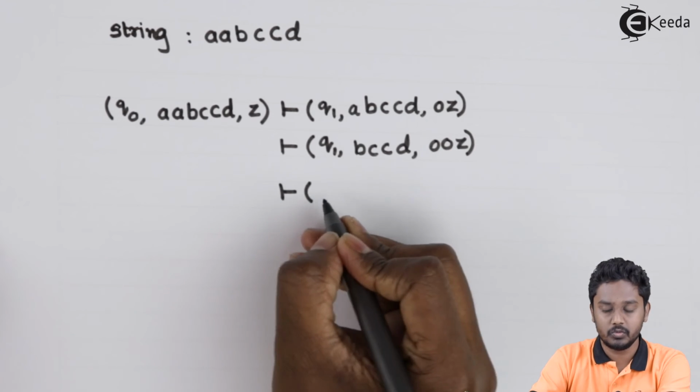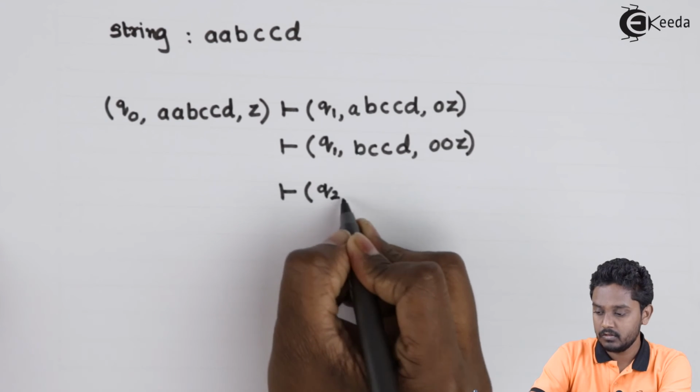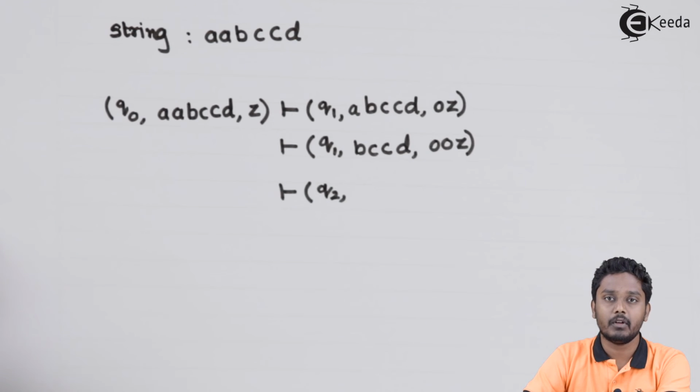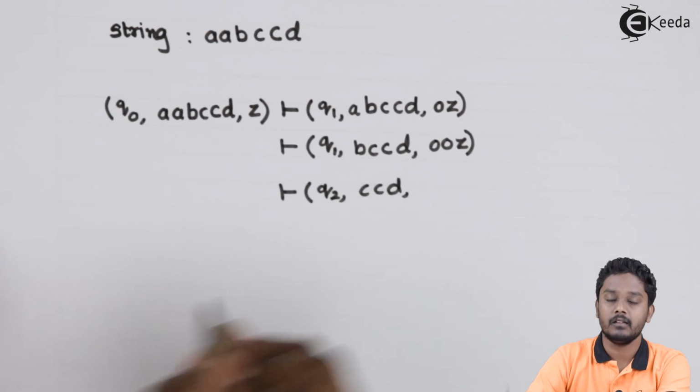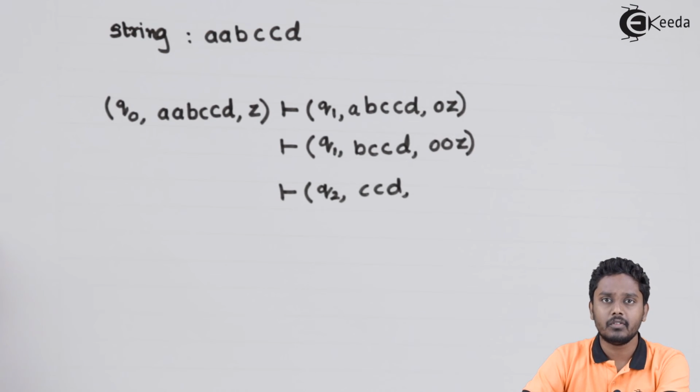It would be Q2. The string left is CCD, keeping 0 on the stack as it is.